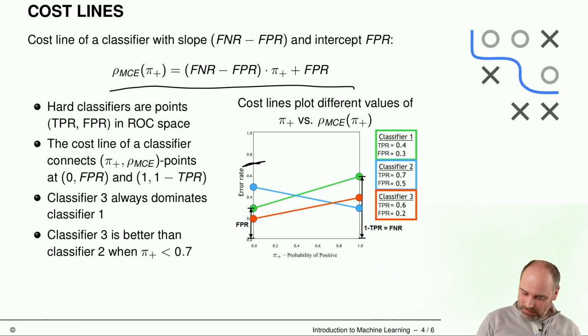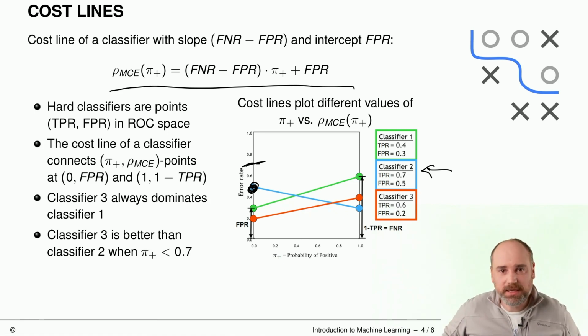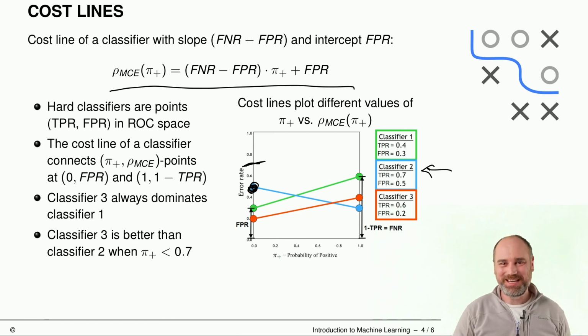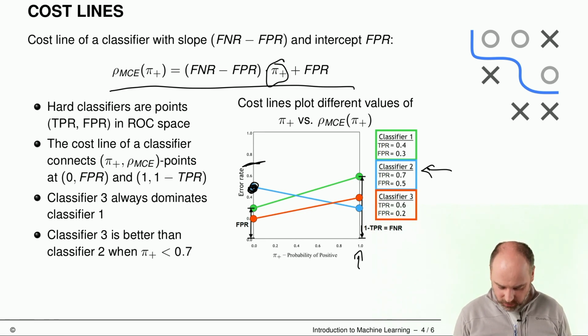So maybe we can take a look at this blue guy. We know the FPR is 0.5, which means this is the first point on this line to visually construct it. Now we just need a second point, so if you insert a 1 for pi plus, we want to create a second point for pi plus equals 1.